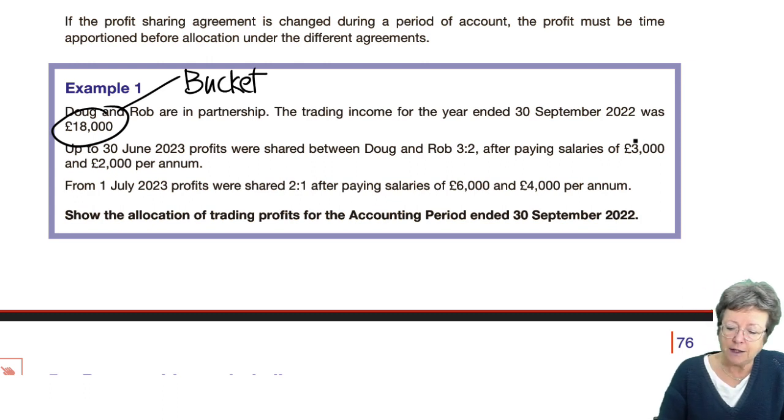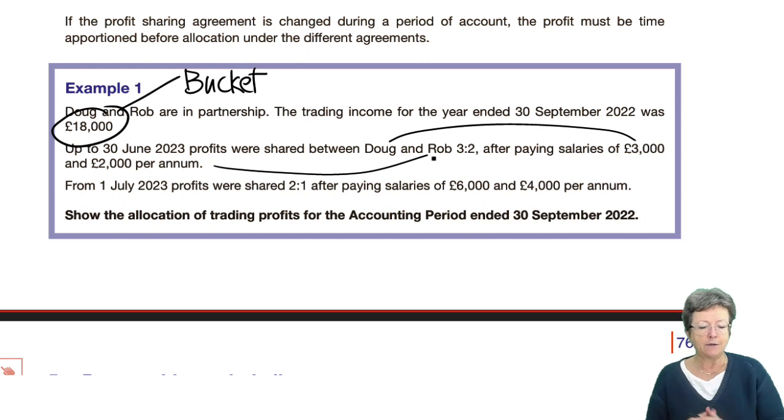So that's £3,000 for Doug and £2,000 for Rob. That's the way it's laid out in the question. However, from the 1st of July 2023, the profits were shared 2 to 1 after paying different salaries of £6,000 per year and £4,000 per year.